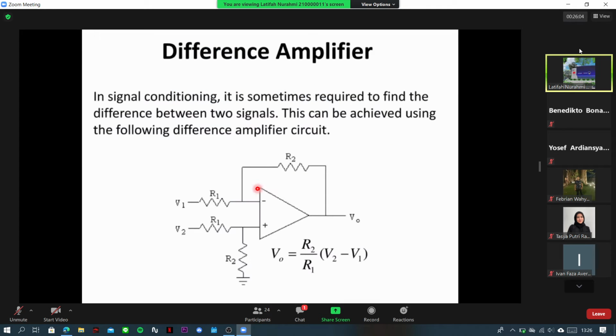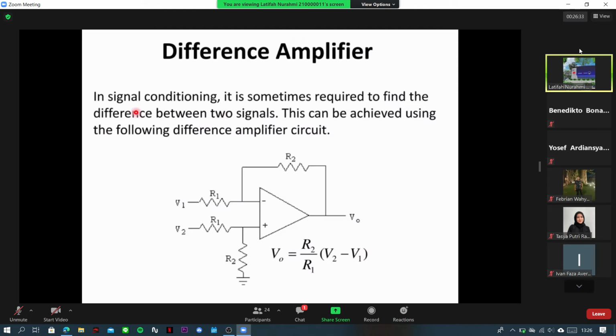And the difference amplifier. In signal conditioning, it is sometimes required to find the difference between two signals, right? This is specific for signal conditioning, specific for the amplifier. Like in the previous example, we want to amplify the voltage, and we need to find the difference. You know the difference?